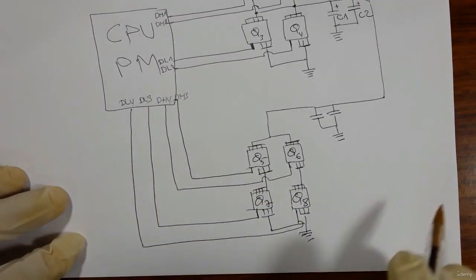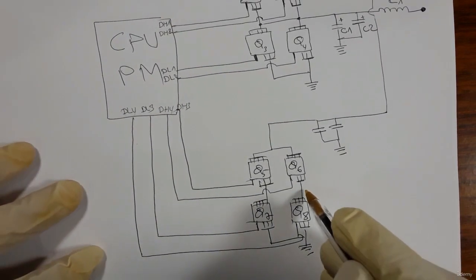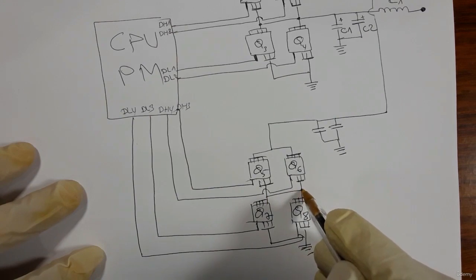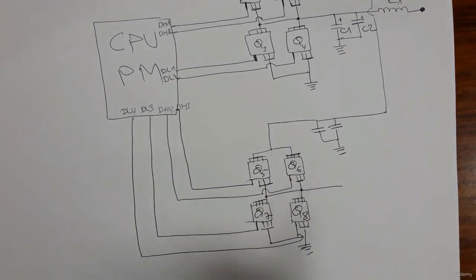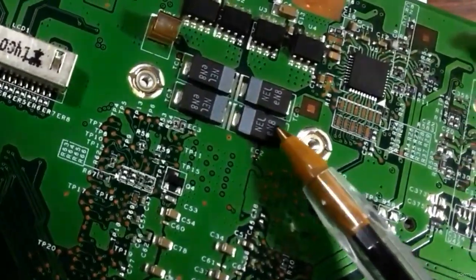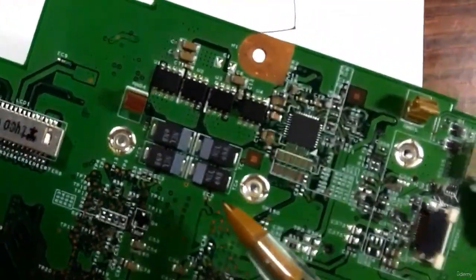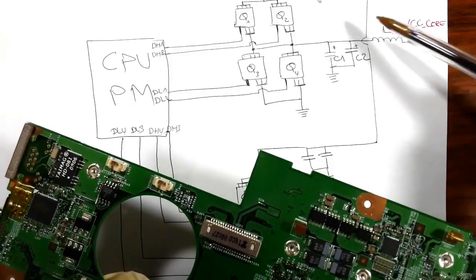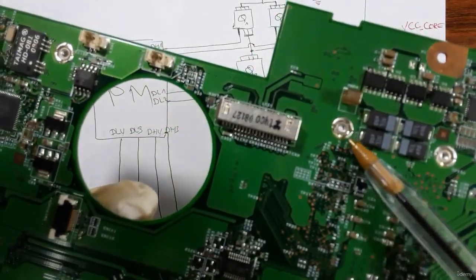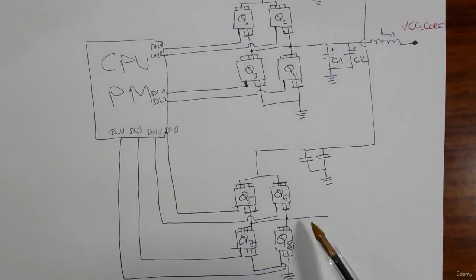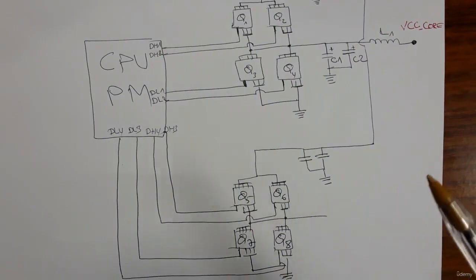Okay, for this MOSFET, also here the same, as you can see, we have other 2 capacitors. So these 2 capacitors are this, and we have other 2 capacitors, as you can see. Let's draw it here with the coil.